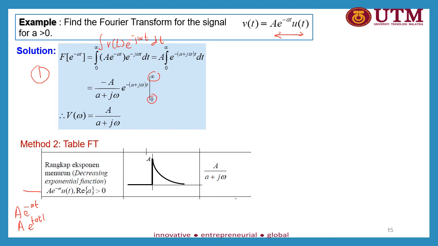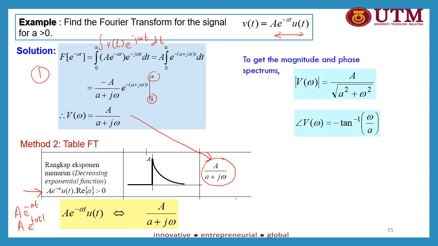So this is the actual equation. So from here, from the third column, you'll notice the Fourier transform of the same signal. So method 1 and method 2 produce the same answer. Okay, so to get the magnitude and phase spectrum, you need to convert this rectangular form into polar form.